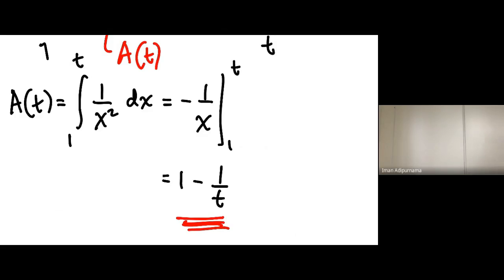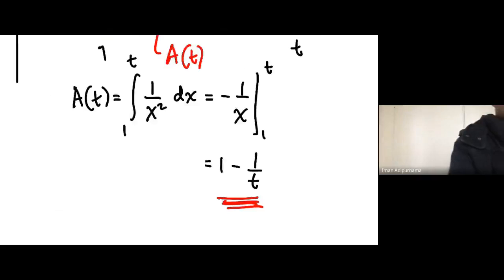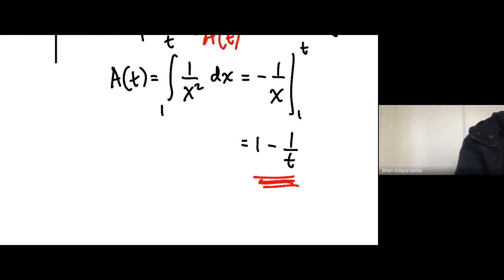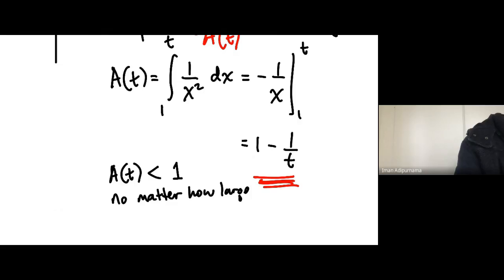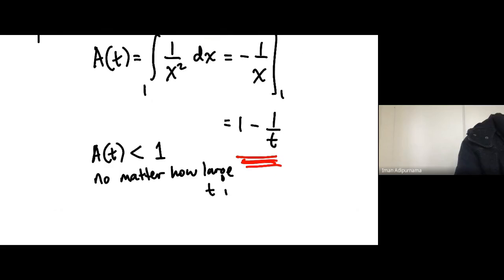So we can write here, A(t) is always less than 1, no matter how large t is.